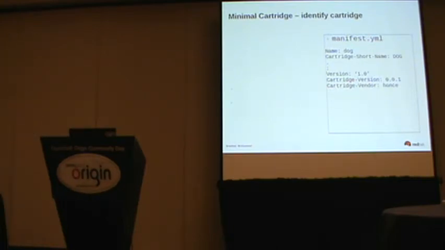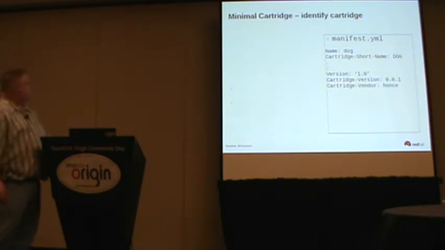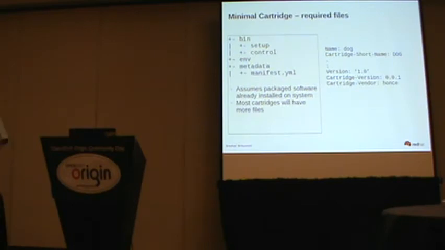So we're packaging dog, it's the first version. We turn around and do cartridge version because you're packaging a software. So dog version 1 is what we're packaging in cartridge version 001. We take care of that so that we can do auto upgrades and all that good stuff. And we have a cartridge vendor, and I'm writing this, so it's me.